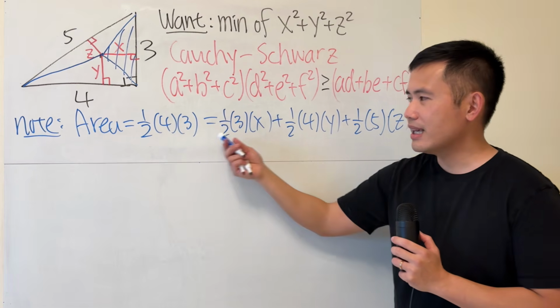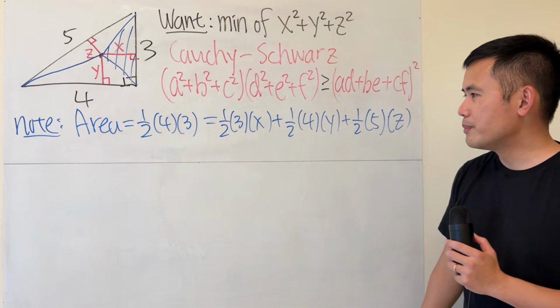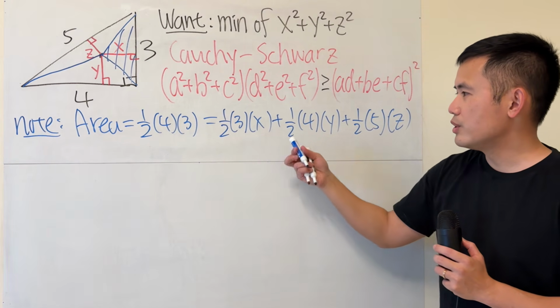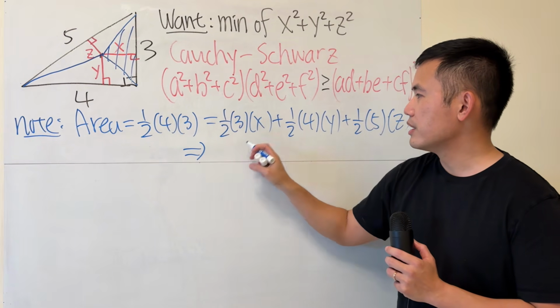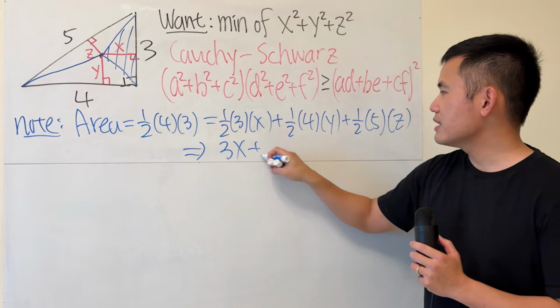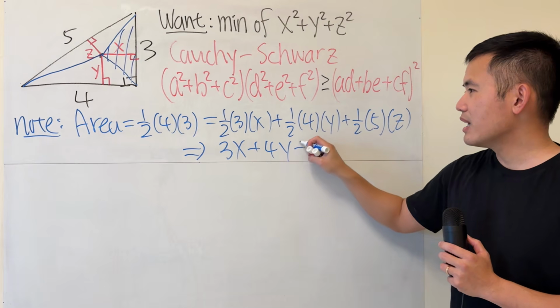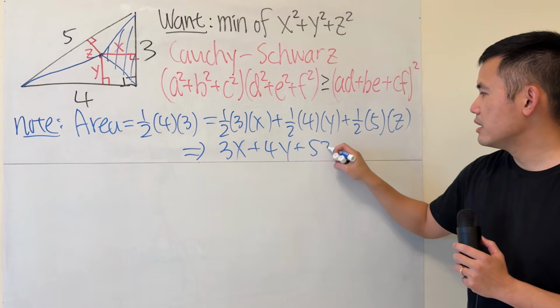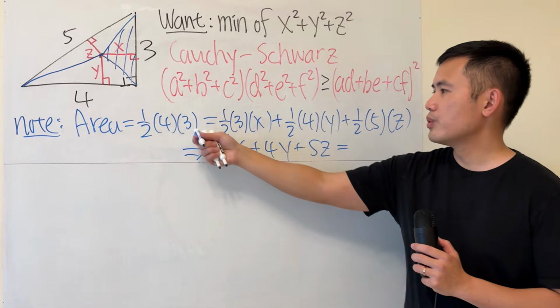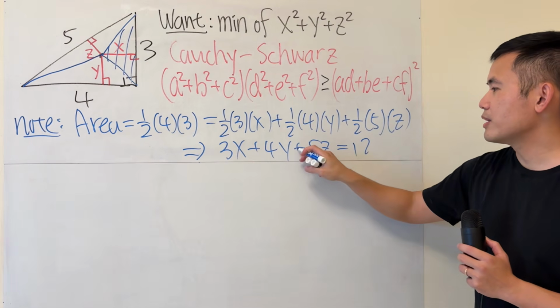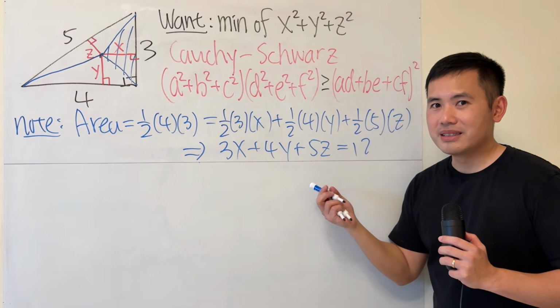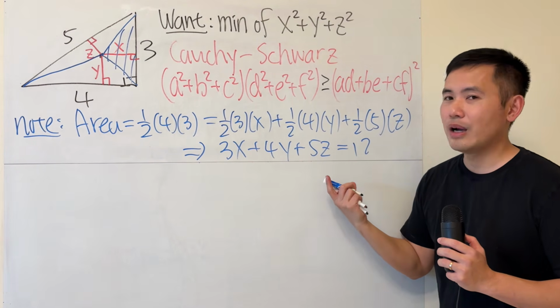And since everybody has a 1/2, we can multiply everybody by 2. And you will see that it's just going to give us this connection. 3x plus 4y plus 5z is equal to 12. Much better. This right here is like the constraint equation that we need.